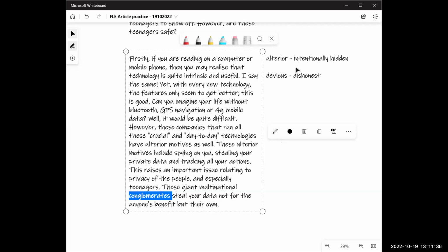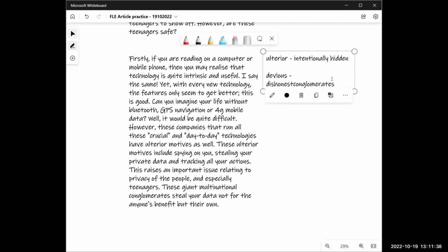What is the meaning of conglomerates? I've heard this word many times, but I don't remember the meaning of this. Alright, I'll tell you.